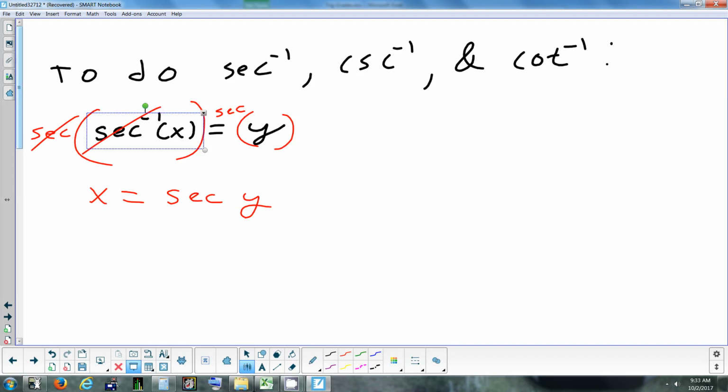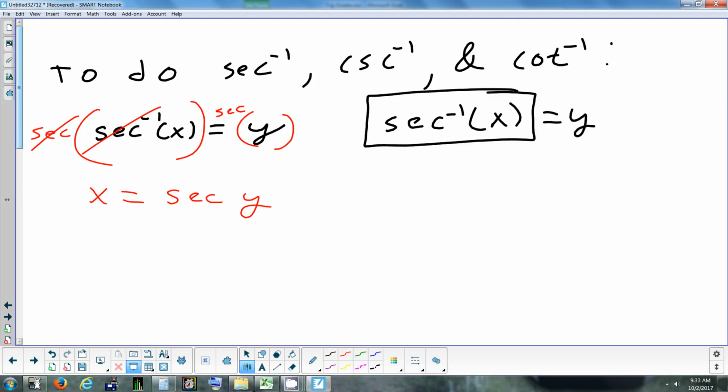Okay, and for now, I'm just going to copy the original problem over here because I'm going to show you something after. All right, now, so we have x equals secant y.